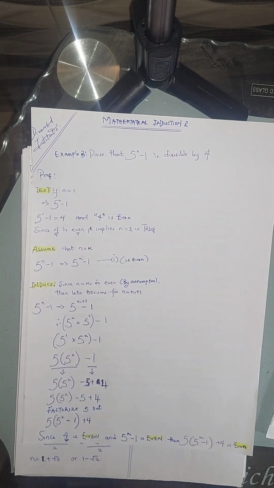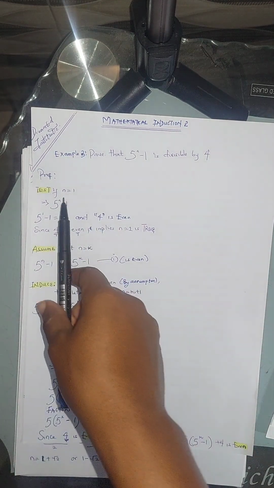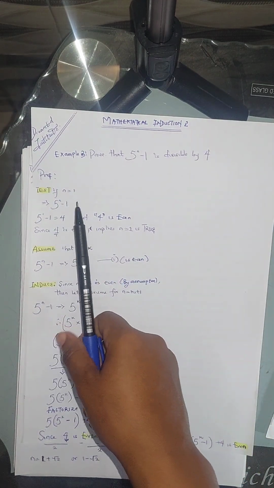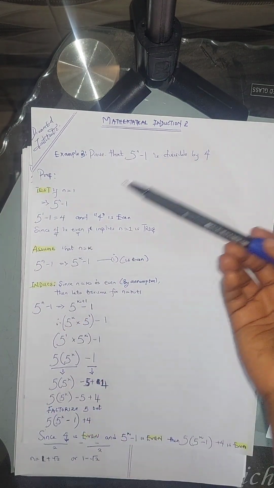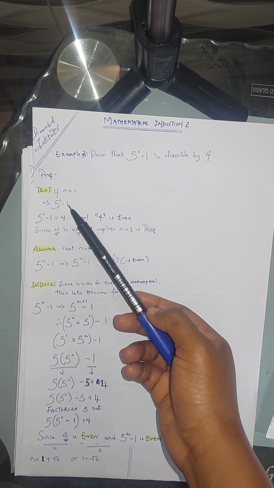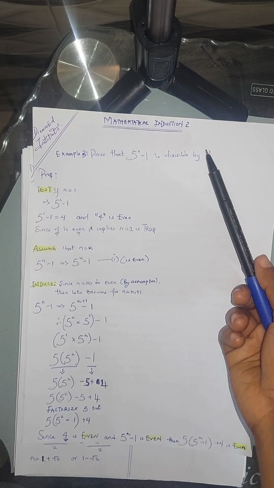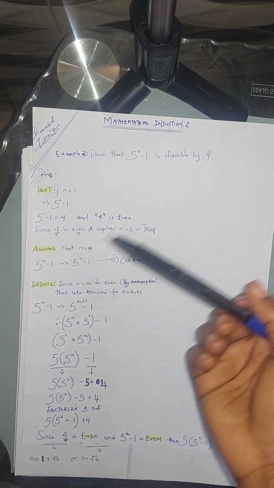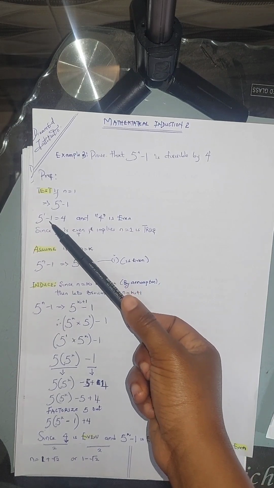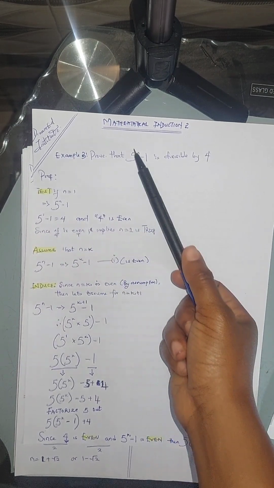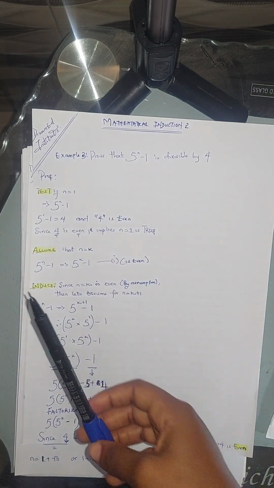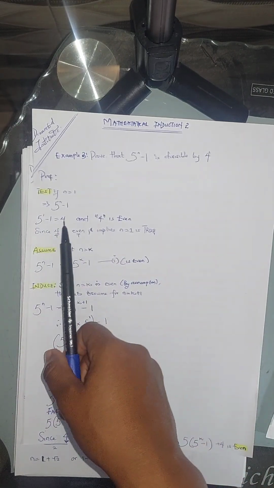So let's go. We test for if n equals 1. Our given statement to prove using mathematical induction is that 5 raised to the power n minus 1 is divisible by 4. If n equals 1, we have 5 raised to the power 1 minus 1. Anywhere we see n, we put 1.